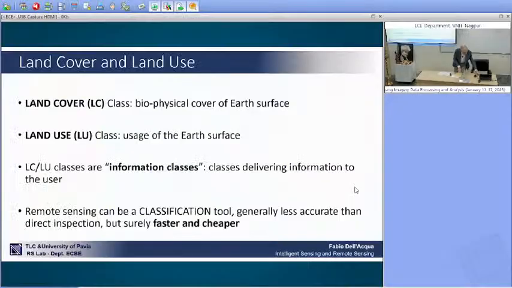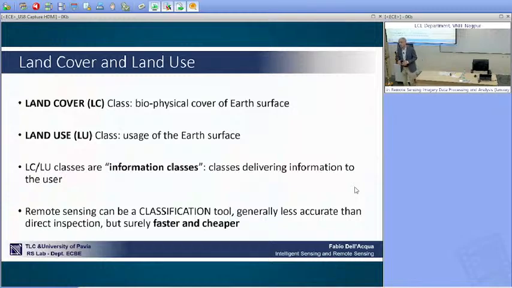Then we will see why we need to distinguish between information classes and other types of classes. Once again, these are all concepts that are not necessarily related with Earth observation data.